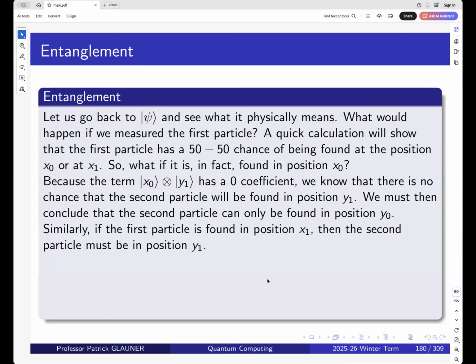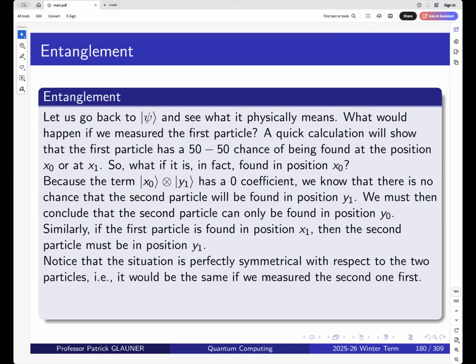It's the same if I find the first particle in position x1, then this implies that the second particle must be in position y1. And this is not just a relationship in which you can infer from the one system to the other system. It also works vice versa. It's perfectly symmetrical.